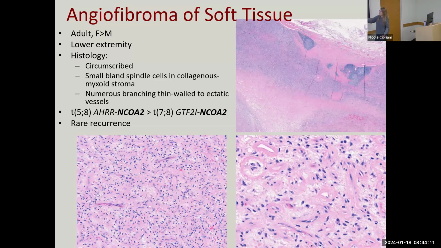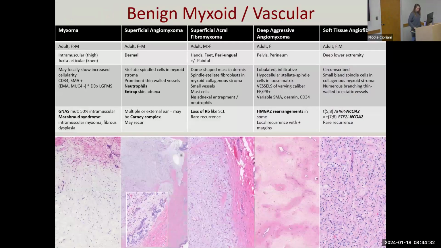Well, it has a recurring genetic anomaly, which is NCOA2 gene rearrangement. So if you have something nondescript like this and circumscribed, you may want to think about a soft tissue angiofibroma. These are also pretty rare. So this is your spectrum of all of those put in a comparative chart.